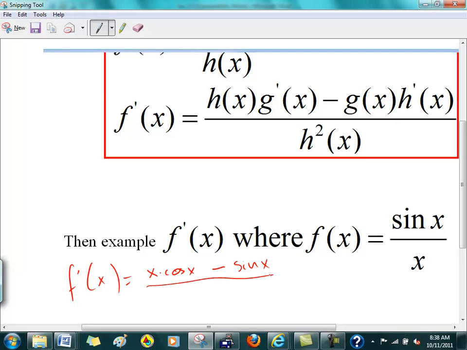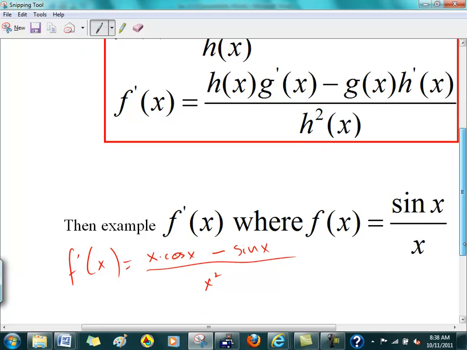And then you're going to square the bottom. And really, you can't simplify this any further. I mean, this is really the end of the line. There's not much you can do. If you really want to do some simplification, you could write it as this. Okay. But you could stop here, and I'm okay with that. All right, you guys get the quotient rule? Yeah? Okay, let's do a couple of more examples.